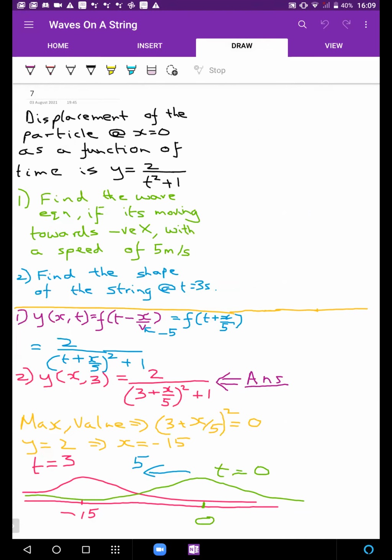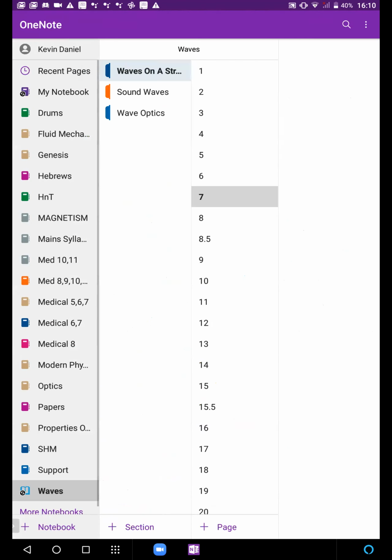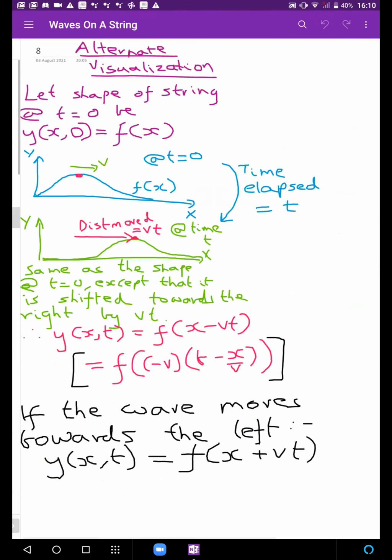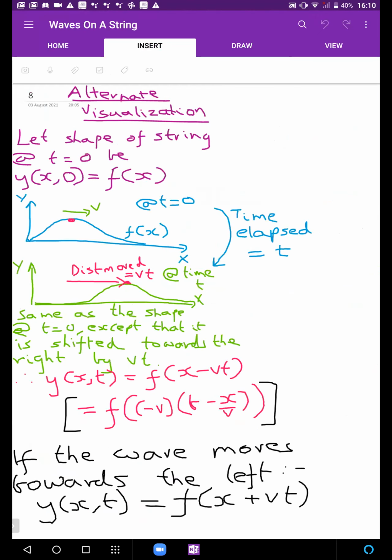Shape of the string basically refers to y as a function of x. So at t equal to 3, put 3 in place of t in the wave equation, and you get the shape of the string, y as a function of x. So this is how we would arrive at the wave equation given how a particular particle is oscillating.